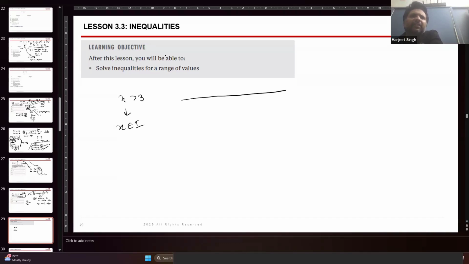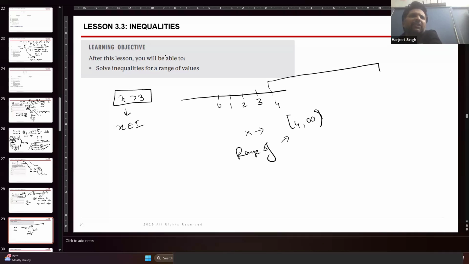So on the number line, when I draw the number line 0, 1, 2, 3, x greater than 3 and being an integer, can I say the range becomes from 4 to infinity? So I can write this as the answer. So range of values of x becomes this. So in inequalities, you always have a range to work with.